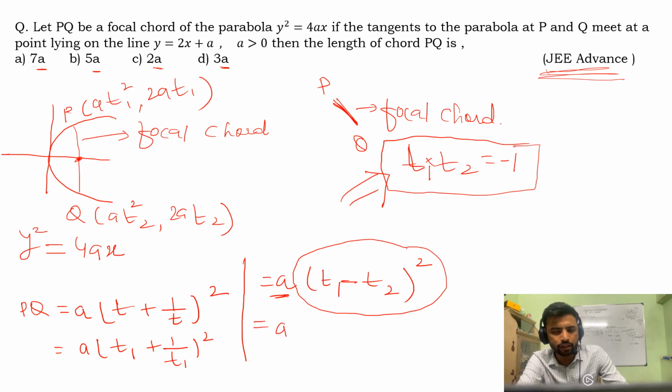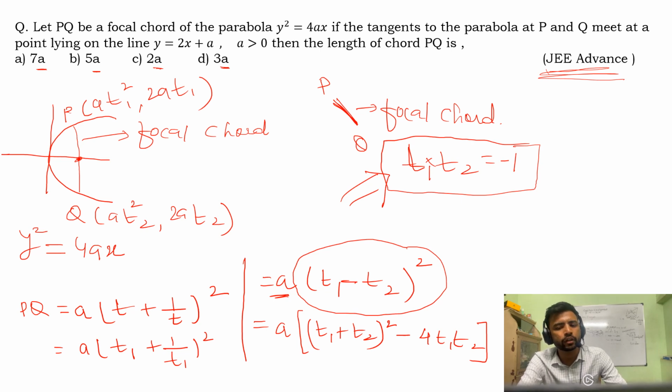Again, see a as it is. This t1 minus t2 whole square can be written as t1 plus t2 whole square minus 4 t1 into t2. Now what we have to do?